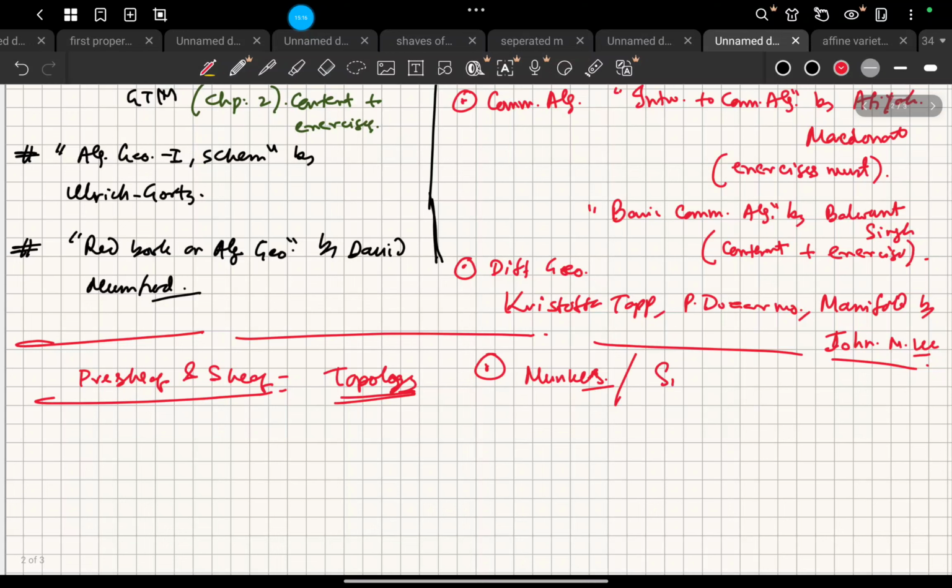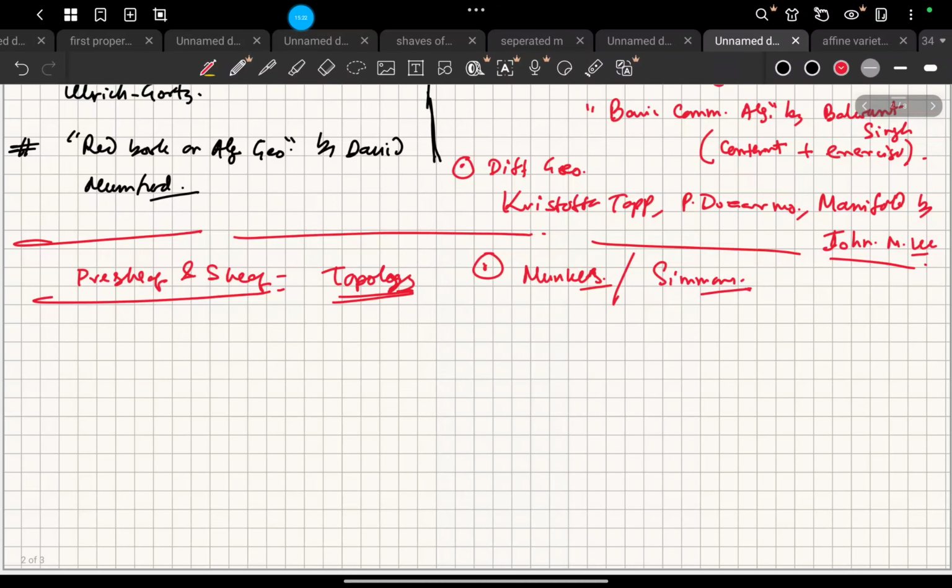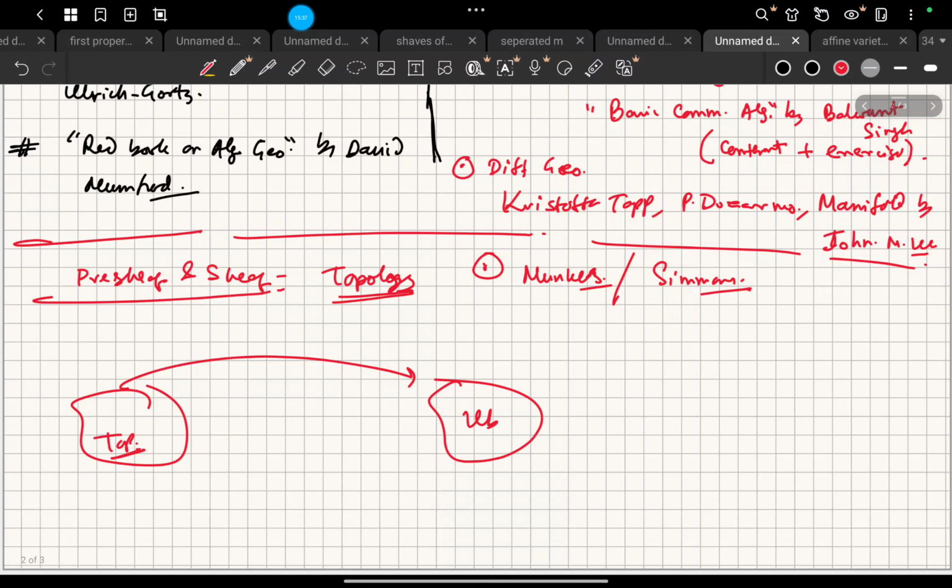For topology only, okay. So presheaf and sheaf are nothing but basically a channel of transportation from the open sets of a topological space to the category of abelian groups.